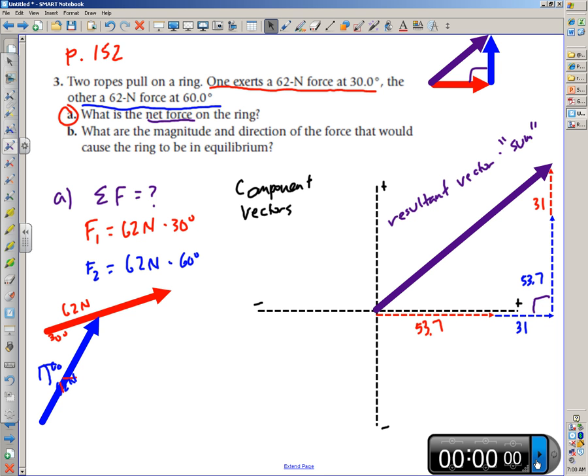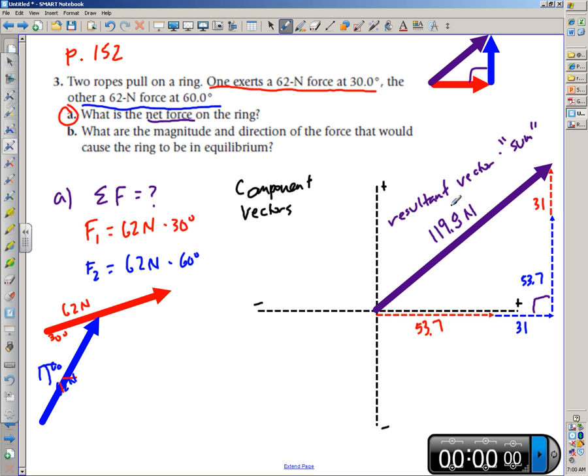Okay, in using Pythagorean theorem to find the hypotenuse of that right triangle, hopefully you found that this is 119.8 newtons. Now, here's where we go a step further than what we did in the last chapter. That's great. This is the net force.